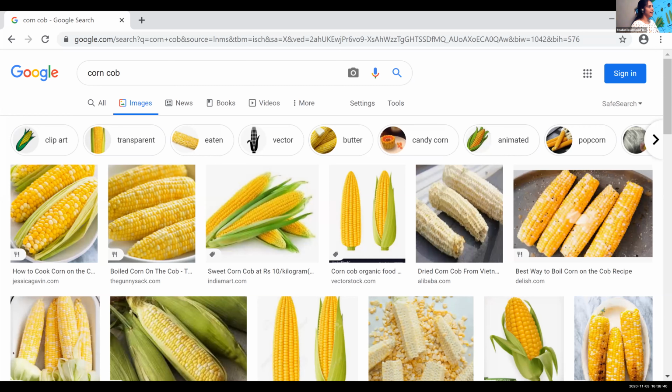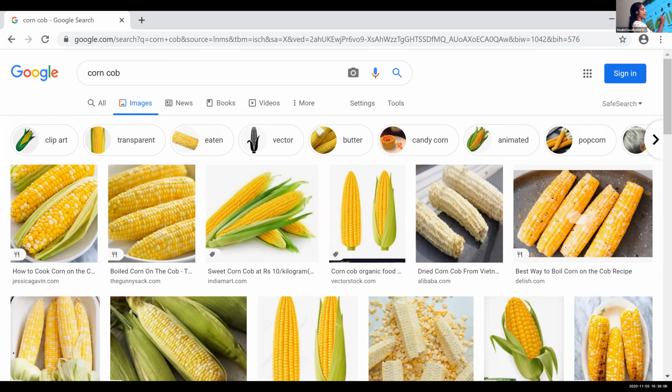Have you seen the down part of the corn? It is the covering, can you see the covering? Yes, ma'am. So in the down part, no grains will be there.